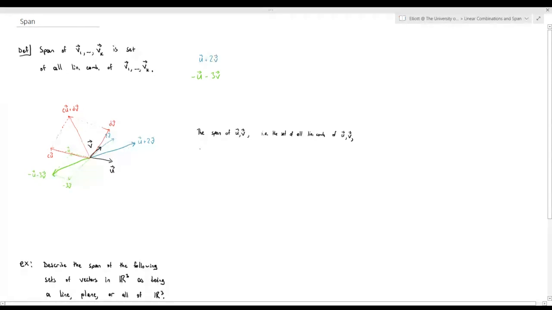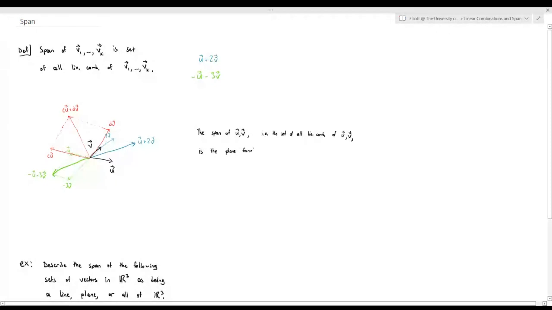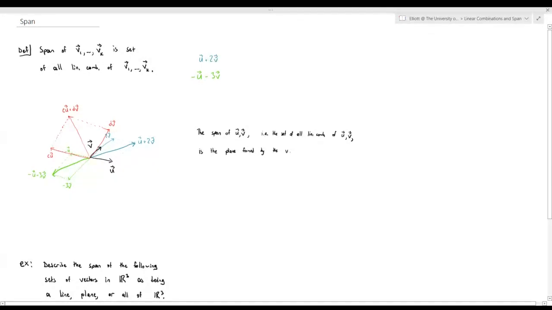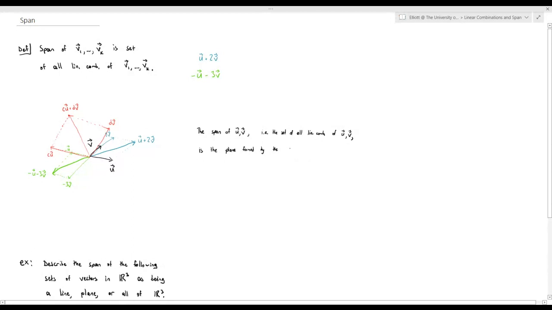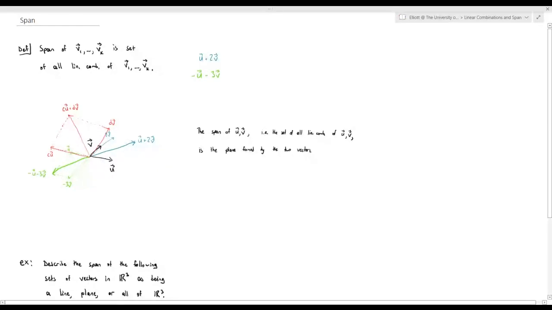Okay. So that's kind of a visual of what span is. So when you have two vectors u and v, as in this picture, the span of the two vectors geometrically just refers to the plane that they form.